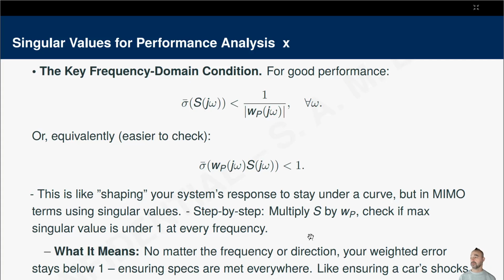What it means is no matter the frequency or directions, your weighted error stays below 1, ensuring specs are met everywhere. It's like ensuring a car's shocks handle all road types without bottoming out, or a multi-arm robot picking objects. This ensures precise grabs regardless of arm angles.